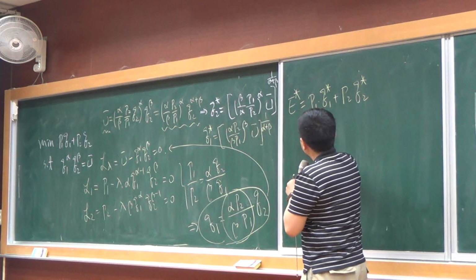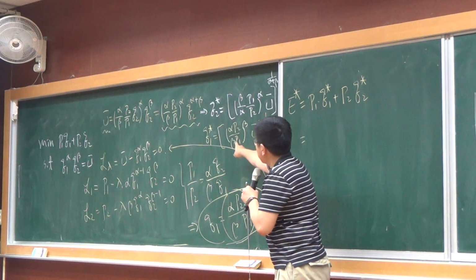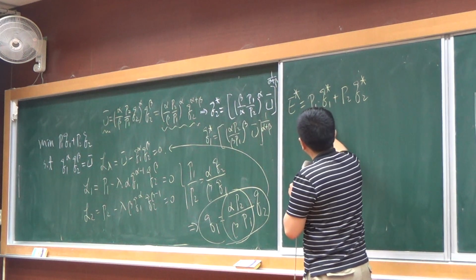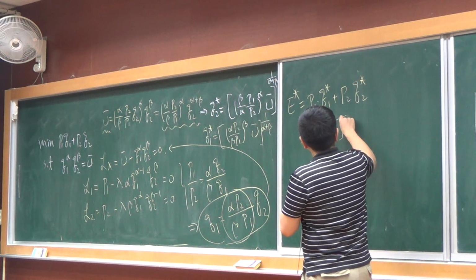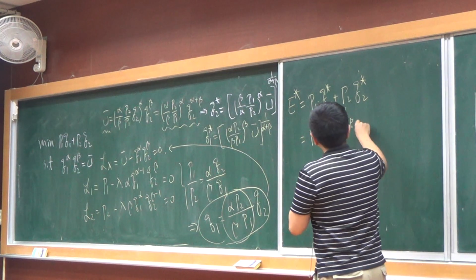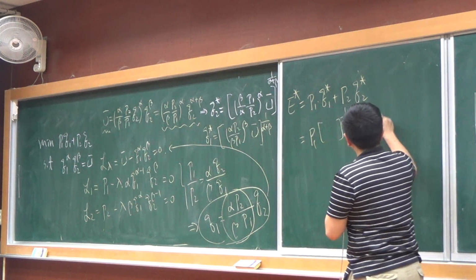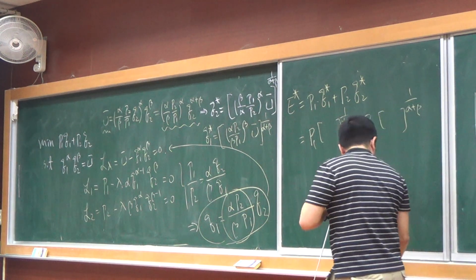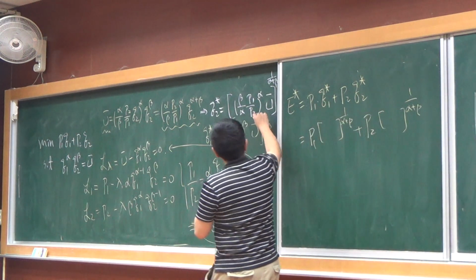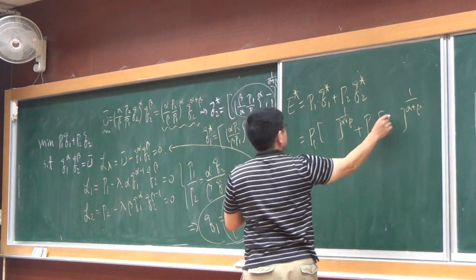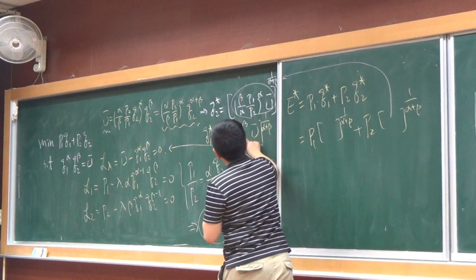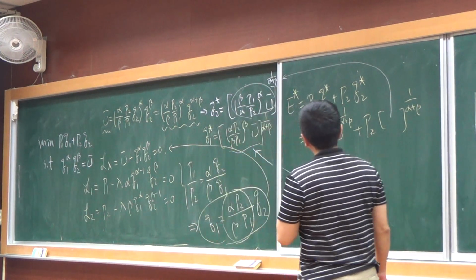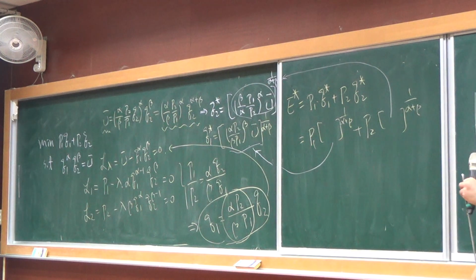So it's P1 multiplied by this, and P2 multiplied by this.